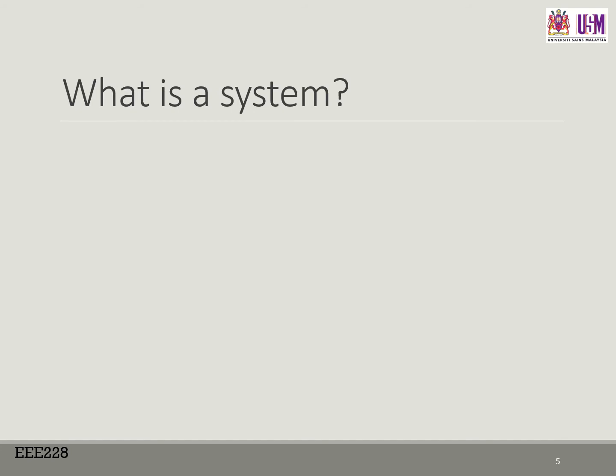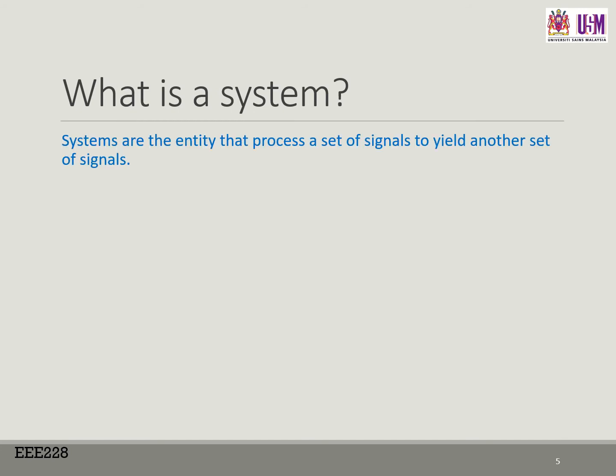Now, what is a system? A system is a process. It's as simple as that. A system is a process. But if you want to put it in proper words, systems are the entity that process a set of signals to yield another set of signals. There are many types of process.